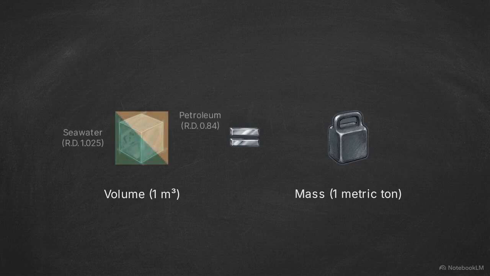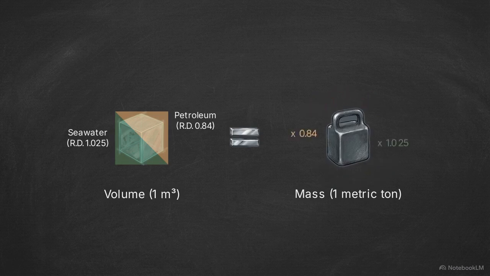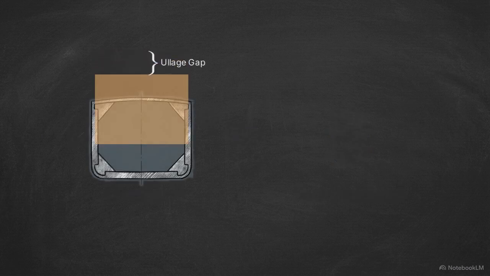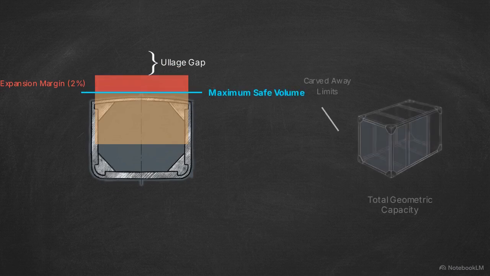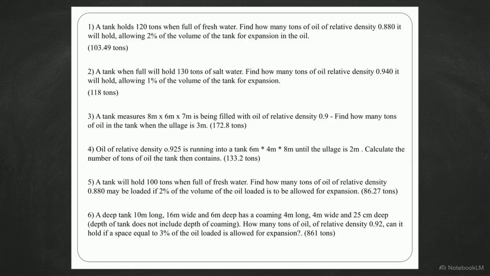The dimensionless relative density multiplier then scales that baseline to account for the actual fluid on board, whether that's dense seawater or light petroleum. From there, required ullage gaps and precise thermal expansion percentages carve away the theoretical geometry to establish hard physical operating limits. Look at this list of exercises.